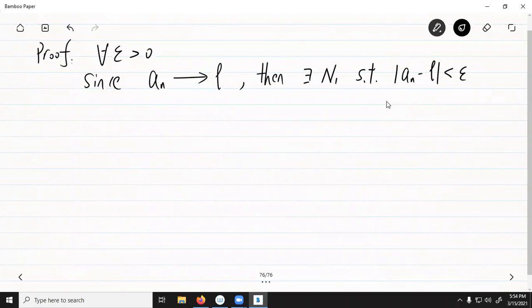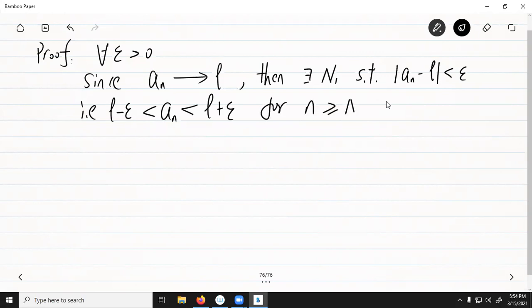This is the definition of the limit of a sequence. This means a_n is less than L plus epsilon and greater than L minus epsilon. We just rewrite this inequality without the absolute value sign, for n greater than or equal to this capital N1. So this is the definition of the limit of a_n approaching L.